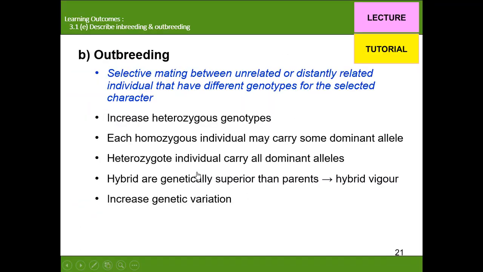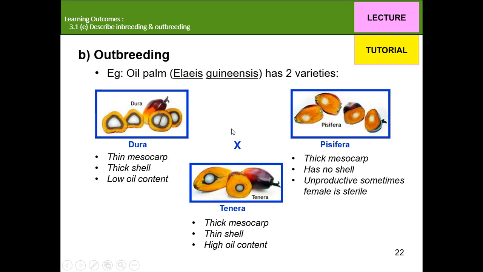Next, artificial selection is outbreeding, which is selective mating between unrelated or distantly related individuals that have different genotypes for the selected character. So it will increase heterozygous genotypes and also increase genetic variation. We can see here an example of oil palm that has two varieties, Dura, which is crossed with Pisifera.